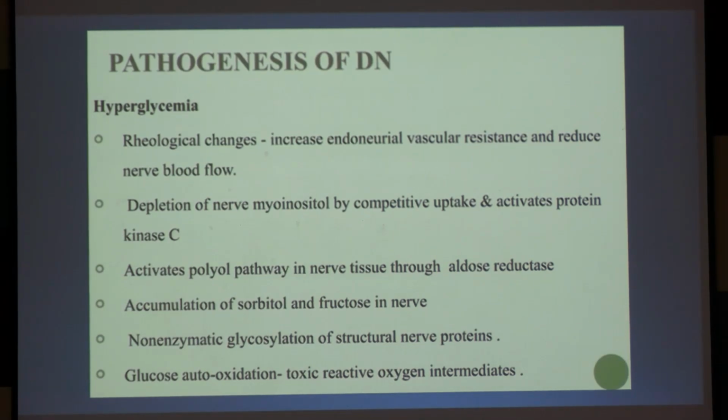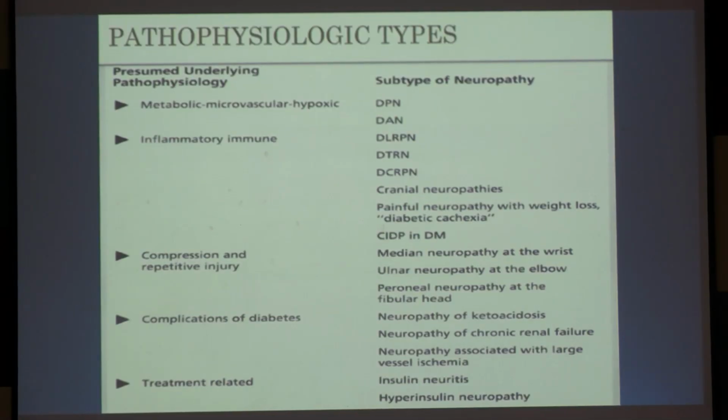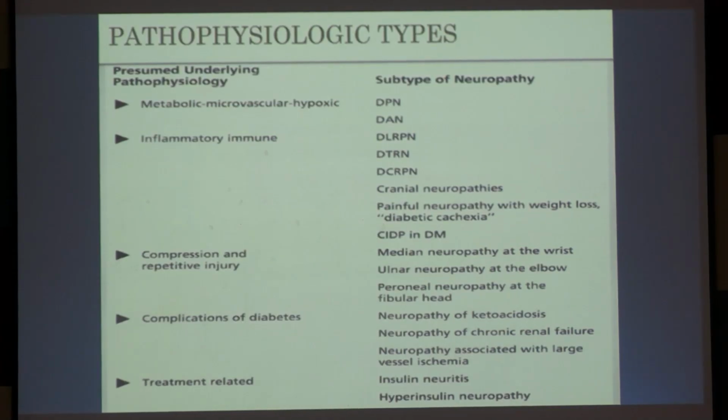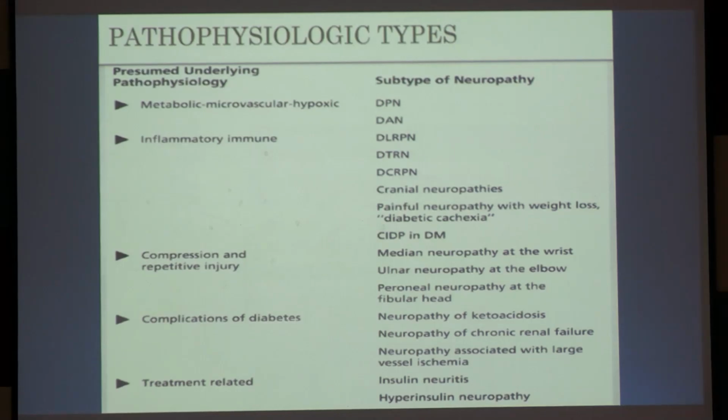So, on the basis of pathophysiologic state, classification of diabetic polyneuropathy: first, metabolic, microvascular, hypoxic. Second, inflammatory immune dysfunction, especially important in cranial neuropathy or diabetic neuropathy with pain and weight loss, that is diabetic cachexia, or CIDP in diabetes mellitus.